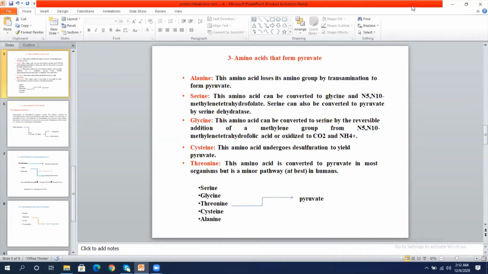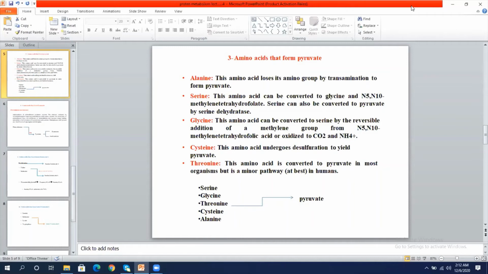In the third way, some amino acids like alanine, serine, glycine, cysteine, and threonine form pyruvate by the action of different enzymes. Alanine loses its amino group by transamination to form pyruvate.